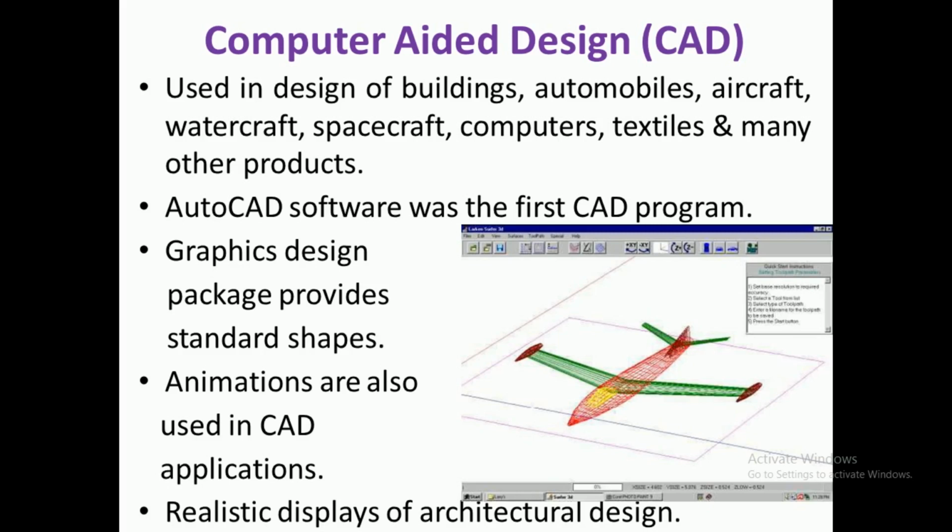Because once you start building a real object, if something goes wrong and at the end you come to know that this is the wrong design, then it is a waste of money, waste of manpower, waste of time. That's why nowadays nobody is wasting time on unsuccessful building of real objects. They will first take computer aided design, that is virtual buildings, virtual design, by using CAD.